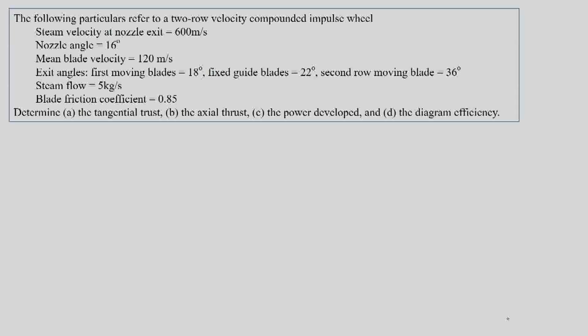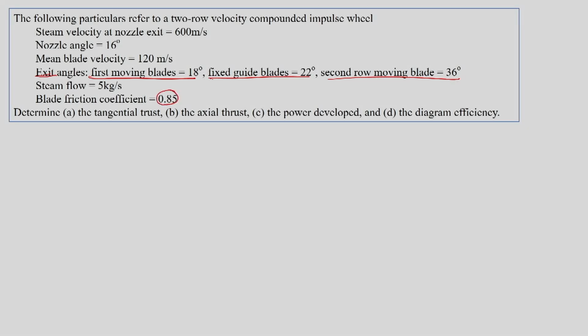Exit angles are given: for the first row of moving blades it is 18 degree, for the fixed guide blades it is 22 for the exit, and the second row of moving blades also has exit as 36 degree. Steam flow is given as 5 kg per second. Blade friction factor is 0.85.